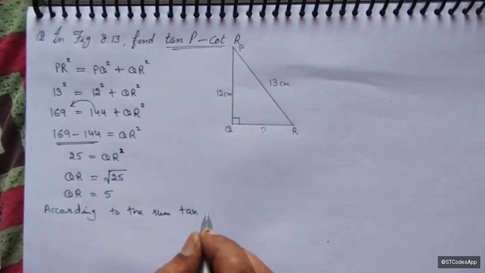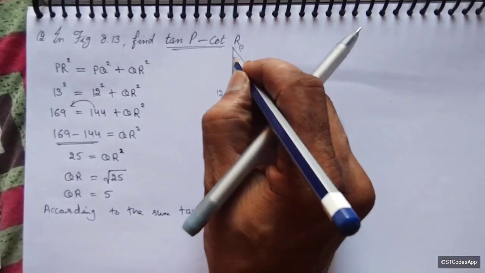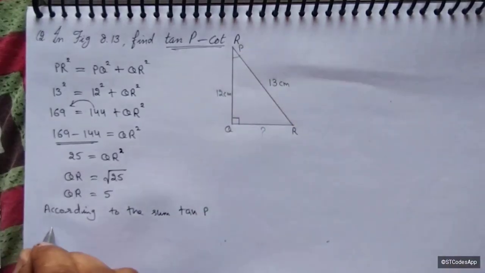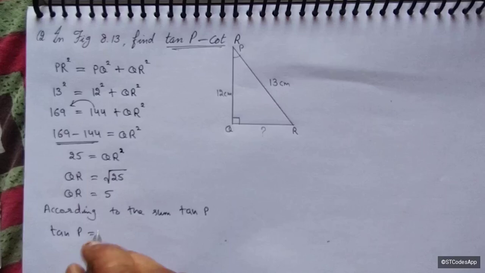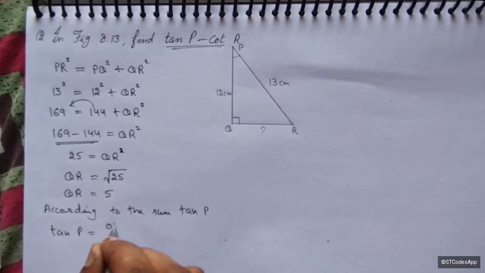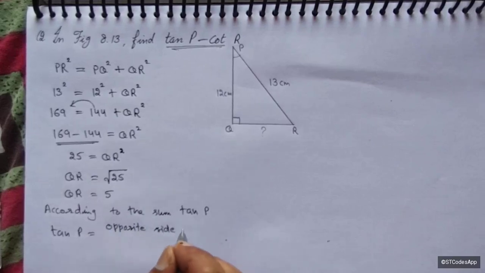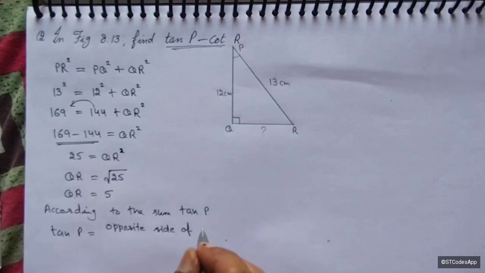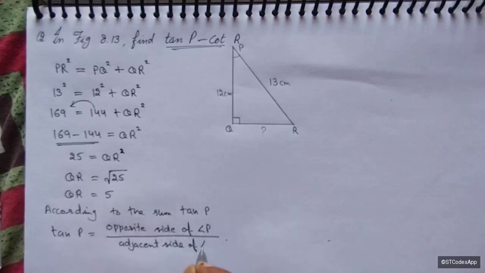Tan P means opposite side of angle P divided by adjacent side of angle P. Now what is the opposite side of angle P?